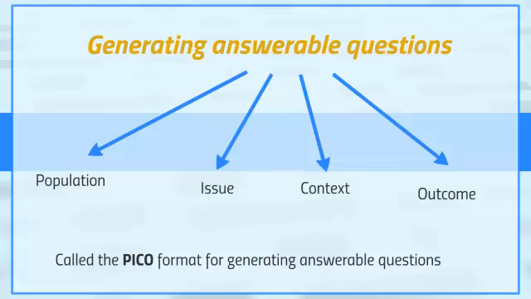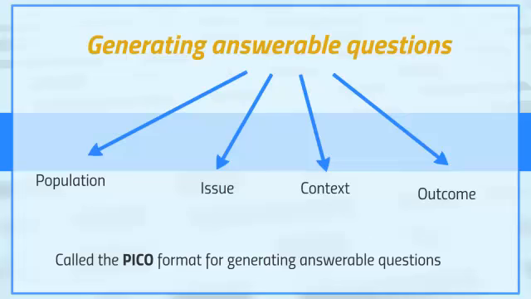When you're doing descriptive research, you're looking at identifying a population of interest, okay? Identifying the issue that you're looking at, because you're not assigning an intervention, you're not doing a trial, you're looking at an issue, and you're not specifically going to compare it to someone else, although you can have a comparator, but in this sense you can define it either as a comparator or a context, and then measuring a specific outcome.